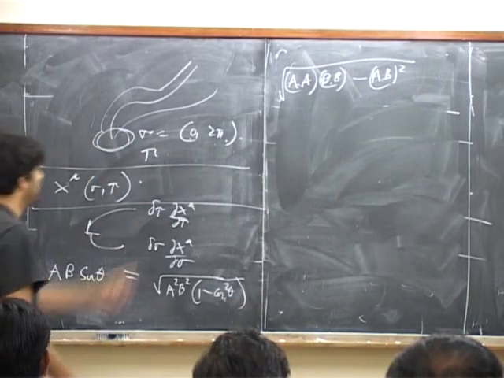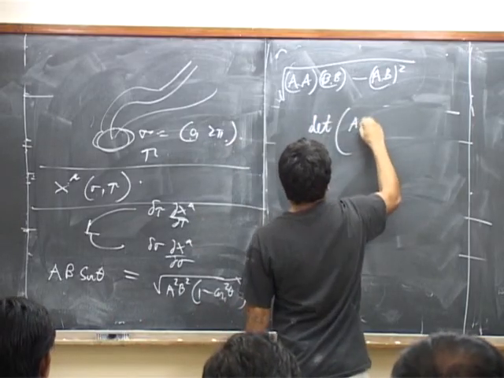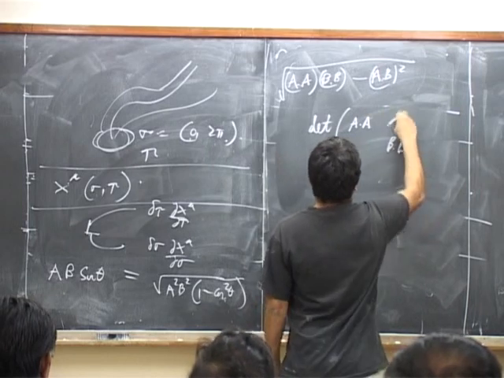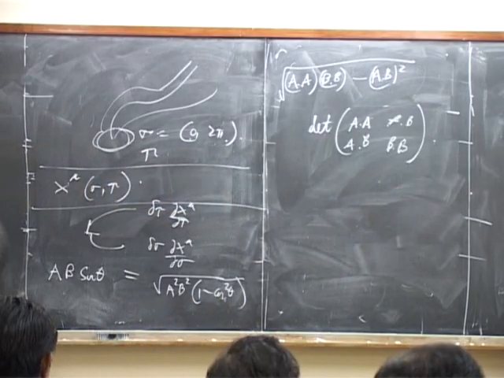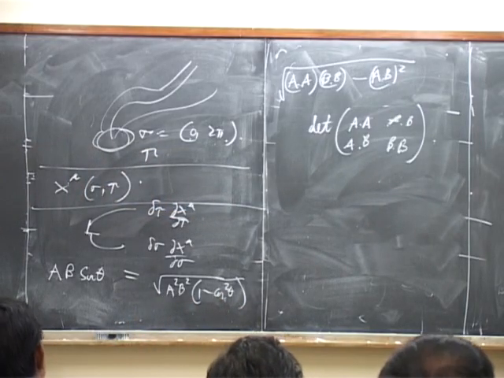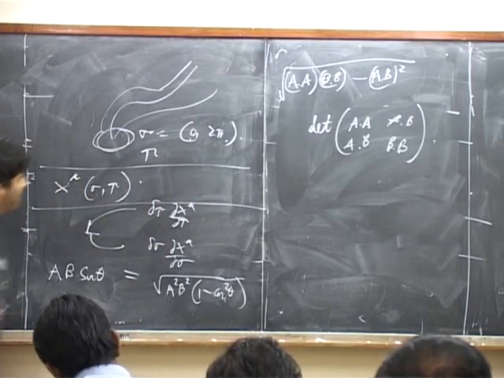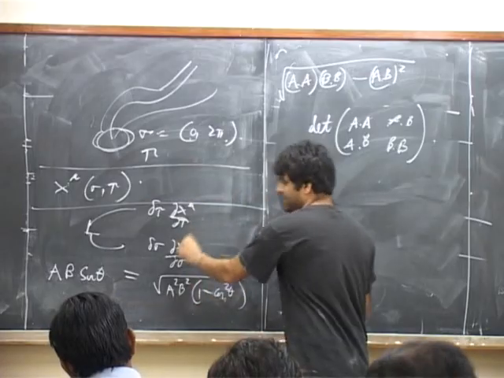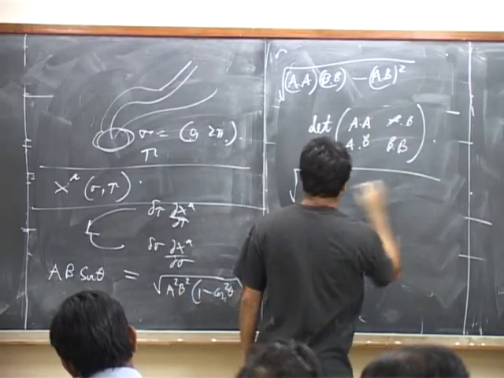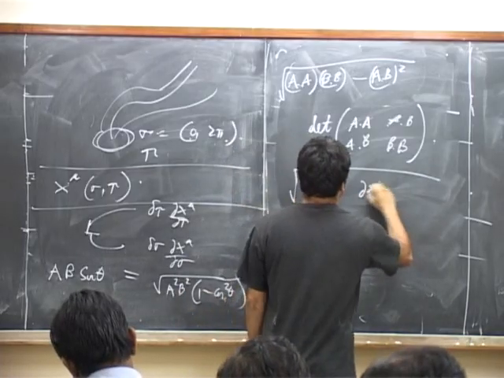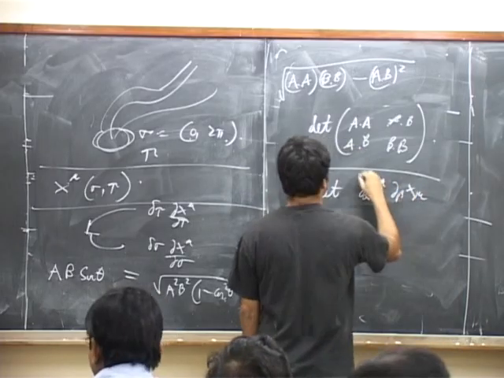This quantity under the square root is simply the determinant of the matrix A dot A, A dot B, A dot B, B dot B. Now let's remember what A and B were. A and B were these quantities. Dot means contraction of these indices. So what we concluded is that the area is the square root of the determinant of del_alpha x^mu del_beta x^mu.